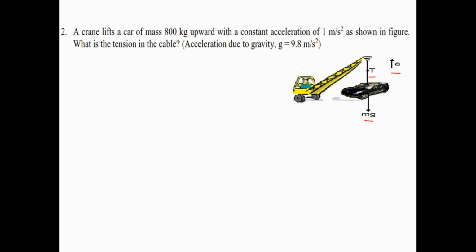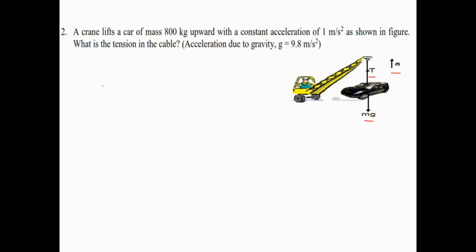So you have to write the equation. From the free body diagram, we have to frame the equation. The most important thing: the net force is equal to mass multiplied by acceleration, as we already studied in Newton's second law. So I have to frame the equation based on this diagram.